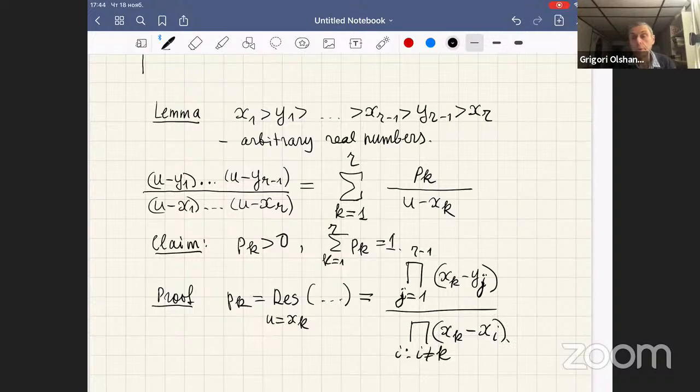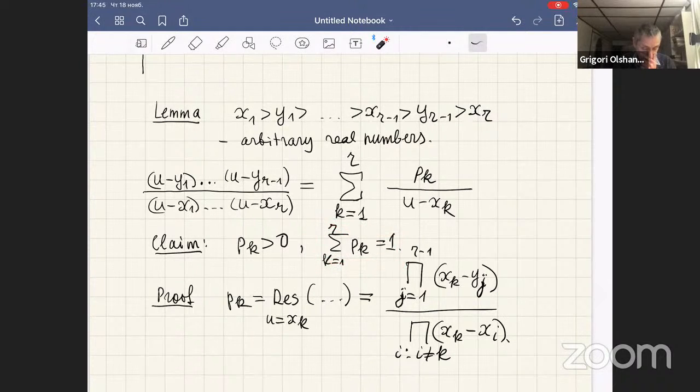And looking a bit closer at this expression, we see that from our interlacing condition we have exactly the same number of positive and negative factors in the numerator and denominator, and thus this quantity is positive. And why is the sum equal to 1?